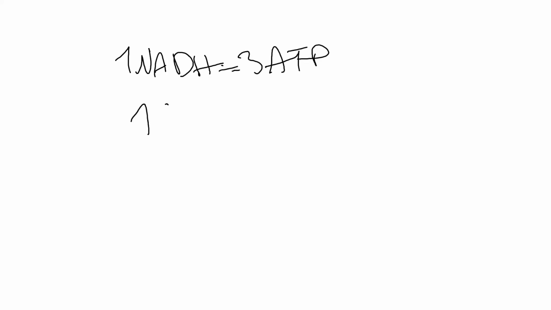They took that one NADH is 3 ATP, and one FADH2 is 2 ATP. And if you remember, I told you that one GDP will be used to create ATP in the citric acid cycle. They didn't take this into consideration because no book takes it into consideration, the ATP which is produced from the succinyl CoA during this reaction.